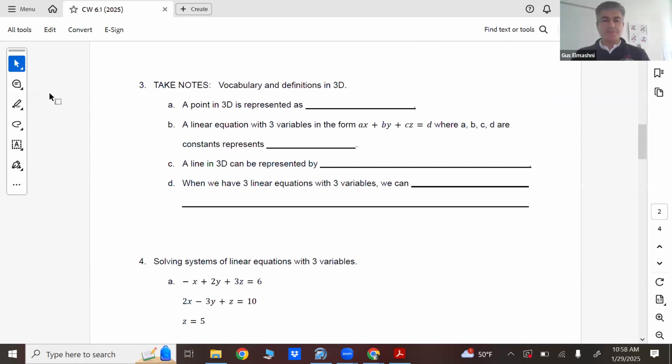So a point in 3D is represented as a point. A linear equation with 3 variables, where a, b, c, and d are constants, represents a plane.